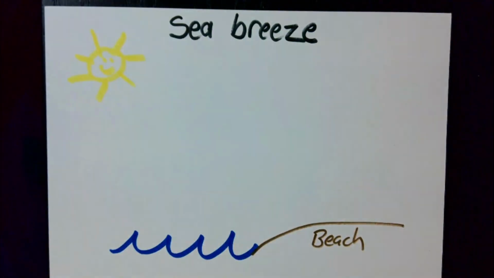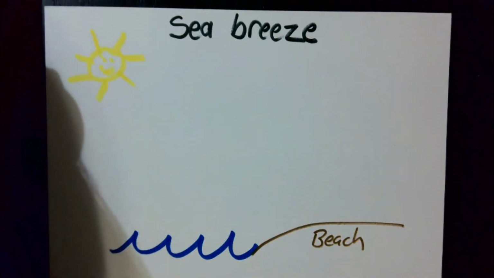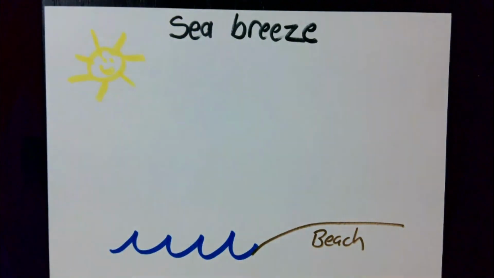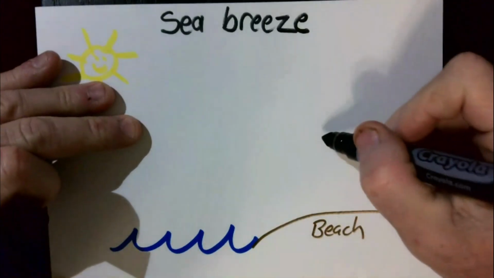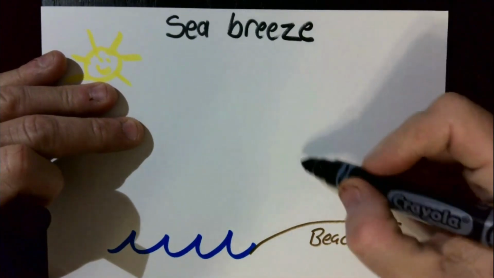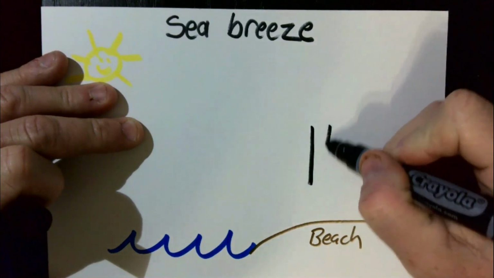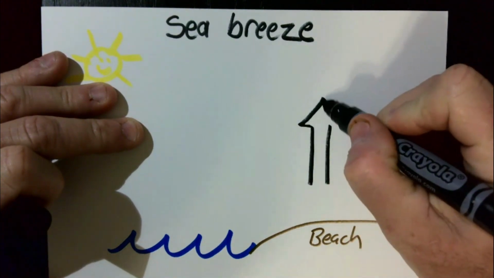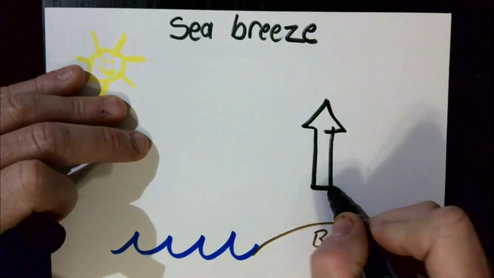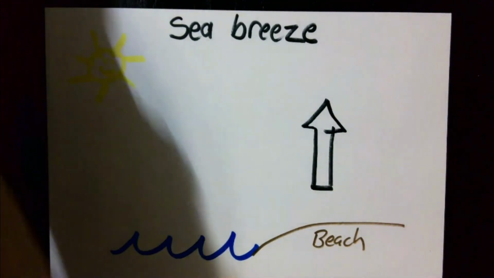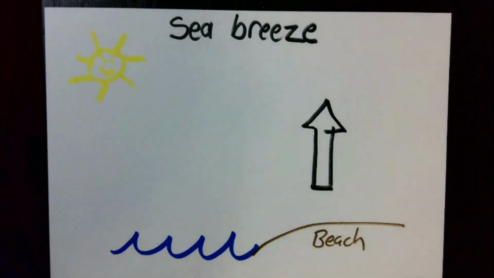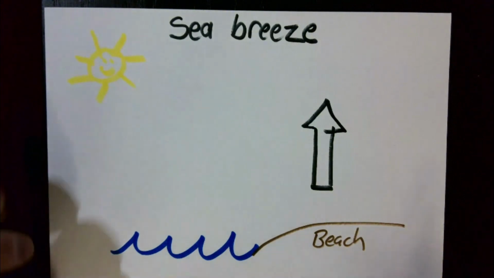Now let's talk about what goes on to give us that formation of a sea breeze. Okay, first of all, we know that the air over here is going to get hot and rise because the beach or the land gets hot easier than the water.